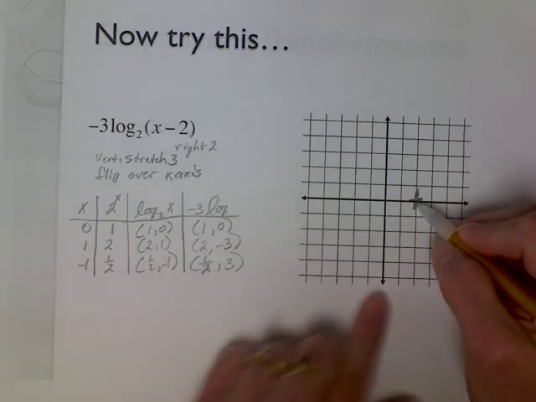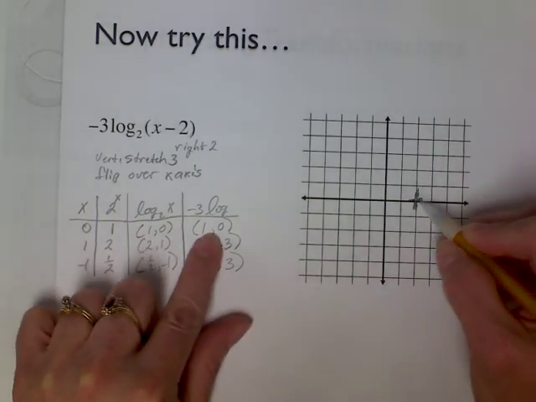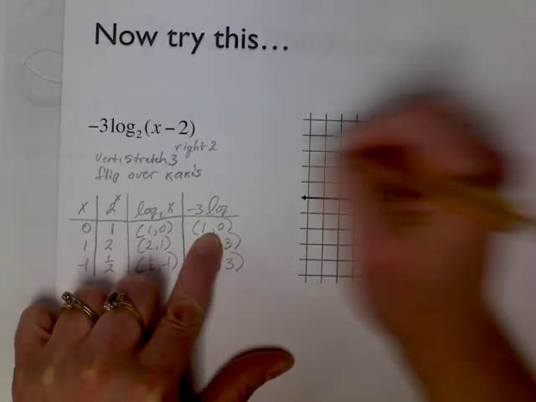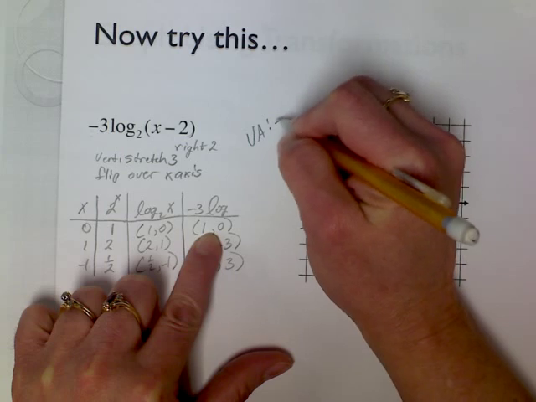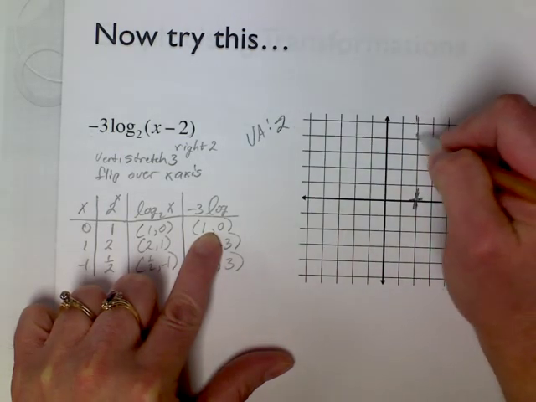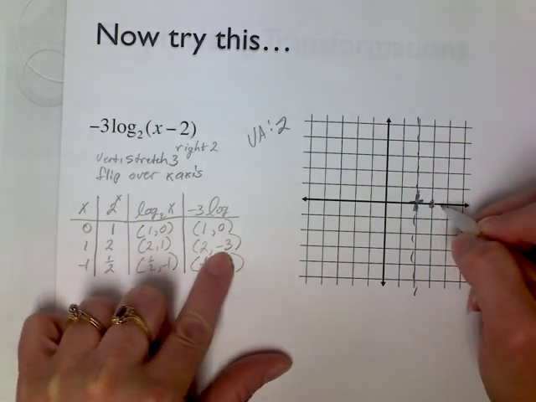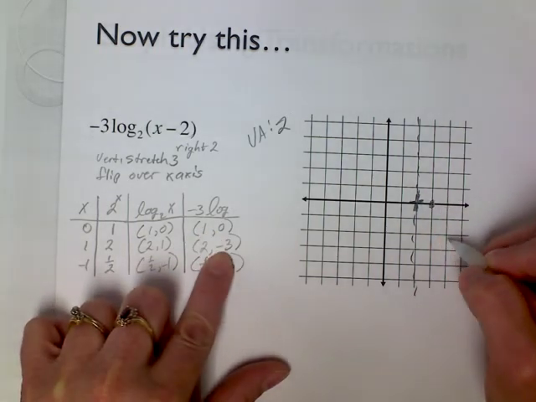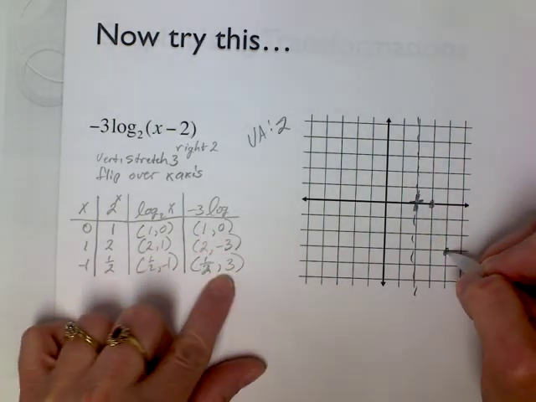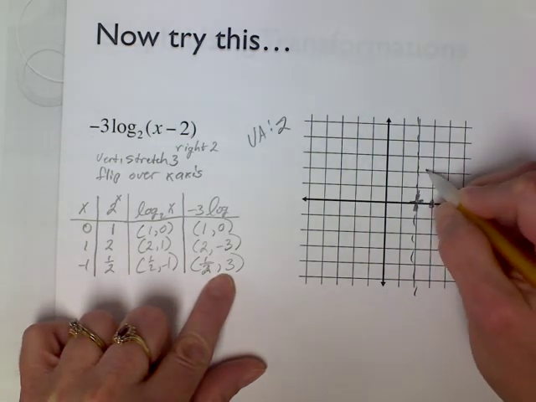Now I'm going to come over here and plot my 3 points from the new origin. Here we go. First of all, vertical asymptote is now at 2. Put him in there. I'm going to go 1, 0, go to 2, negative 3, go to 1/2, positive 3.